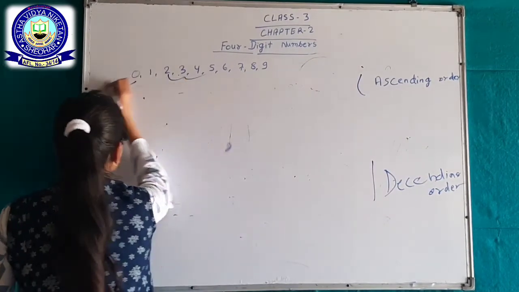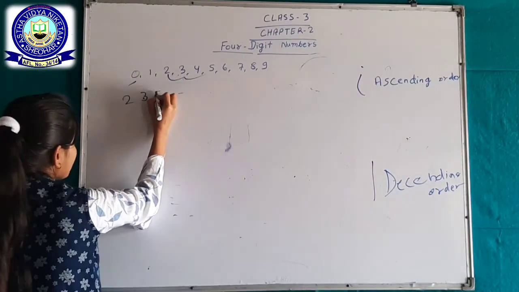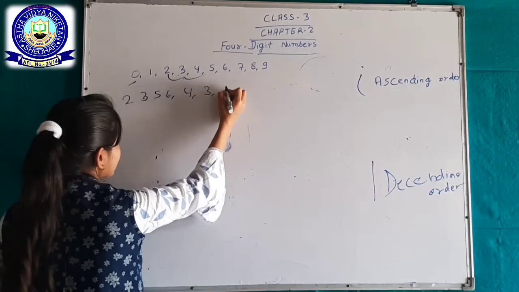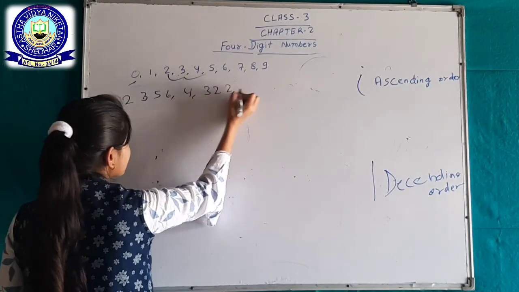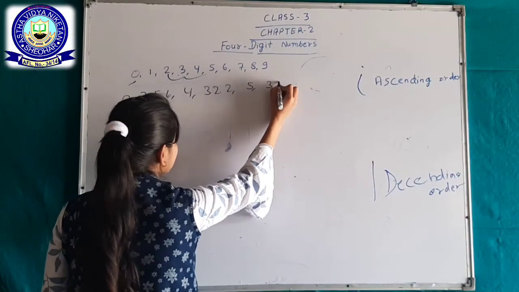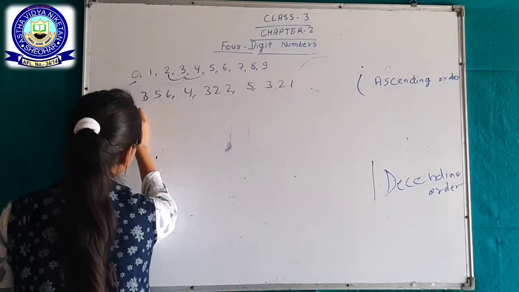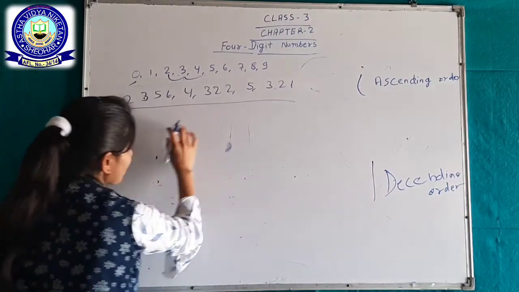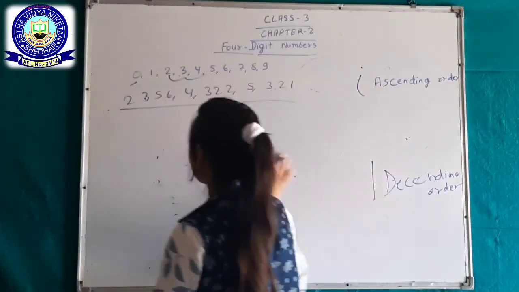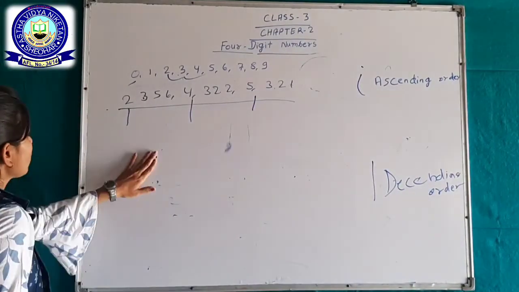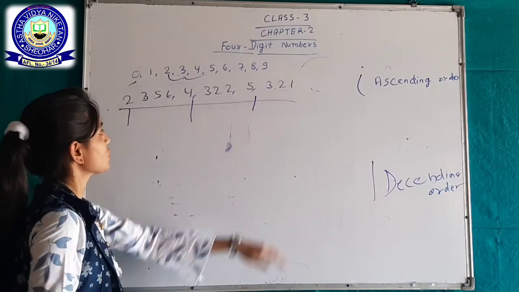Here are 4-digit numbers: 2356, 4322, and 5321. First of all, you have to compare these numbers. You have to write them in ascending order. Here is 2, here is 4, and here is 5. We all know 2 is smaller than these two numbers.